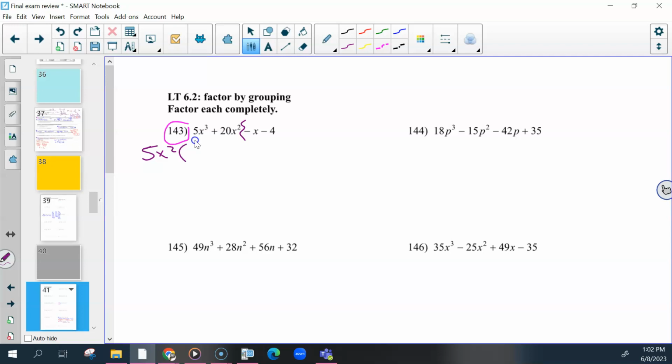And then when we divide that, what's left? x plus 4. And then what do these last two have in common? Negative 1, which would change the signs to x plus 4. So then our factors would be 5x squared minus 1 and x plus 4.